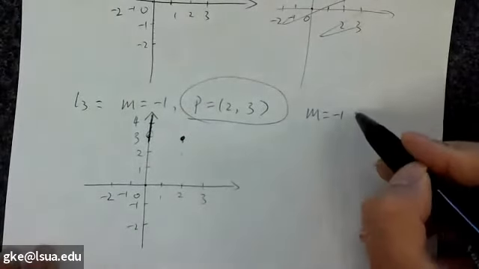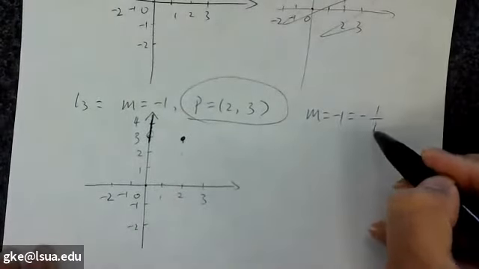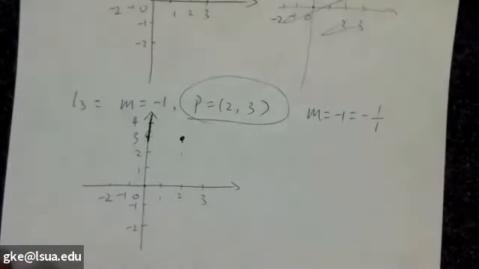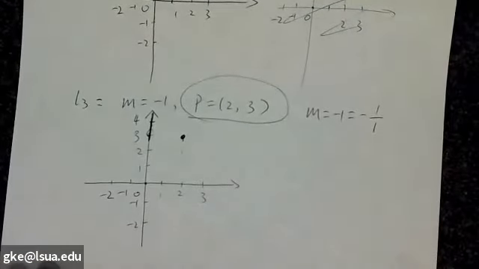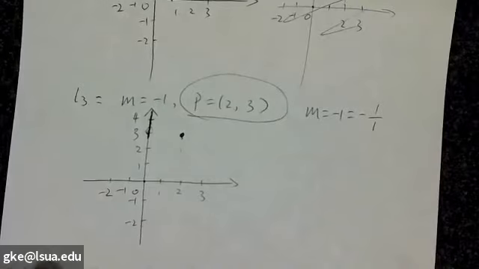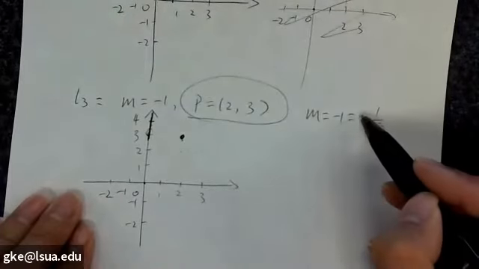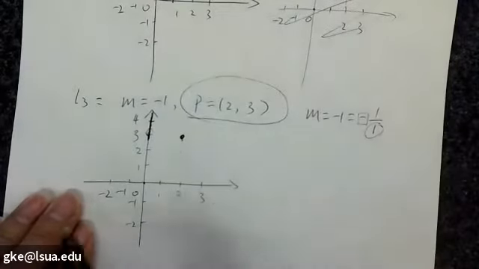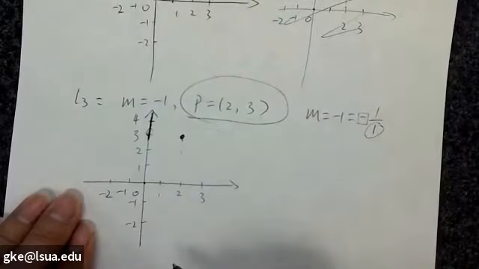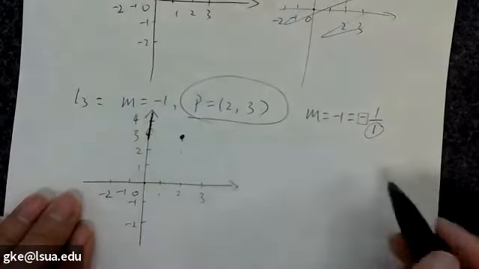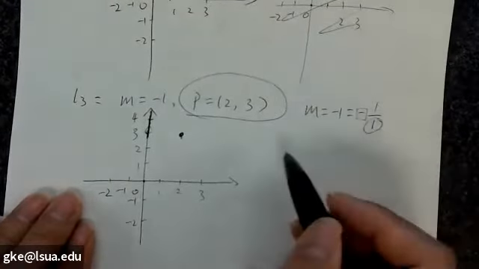We can write down -1 as -1 divided by 1. If I give you an integer, you can always divide it by 1. So we have denominator 1. Of course, we have negative. That means we're going to move backward 1 unit, right?